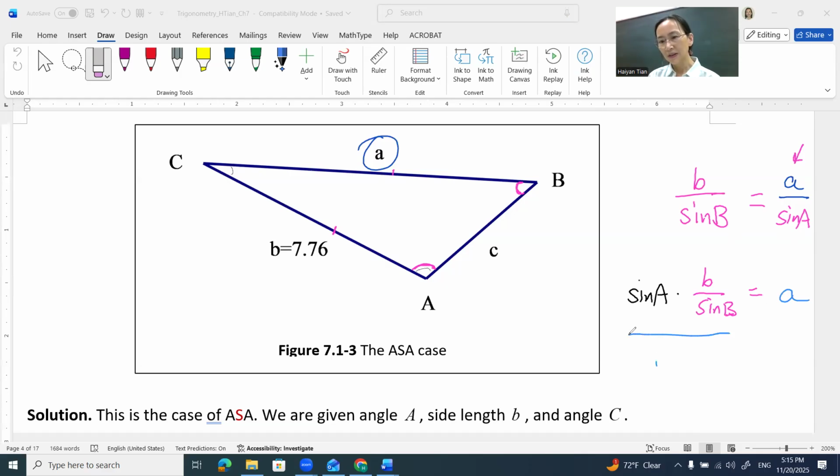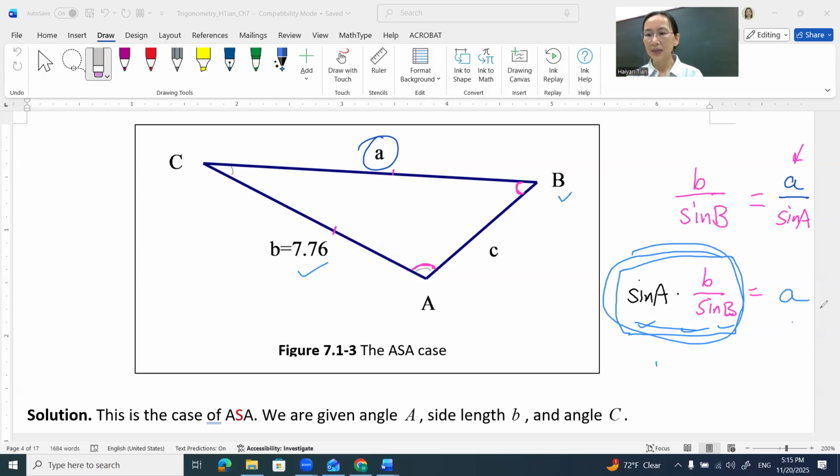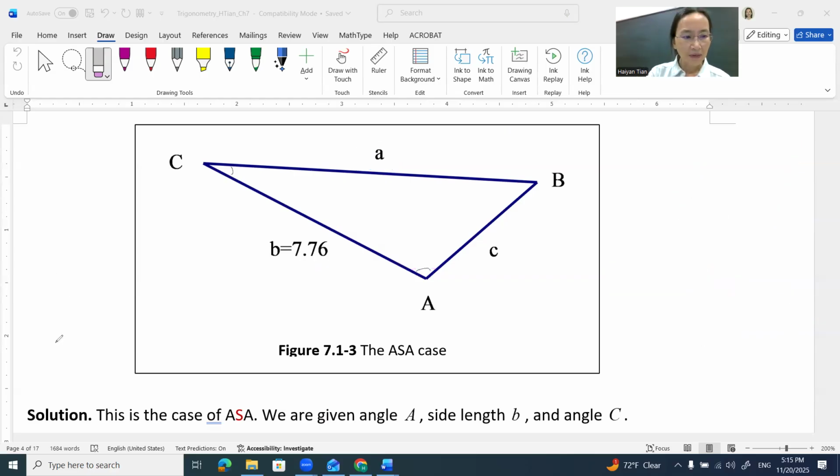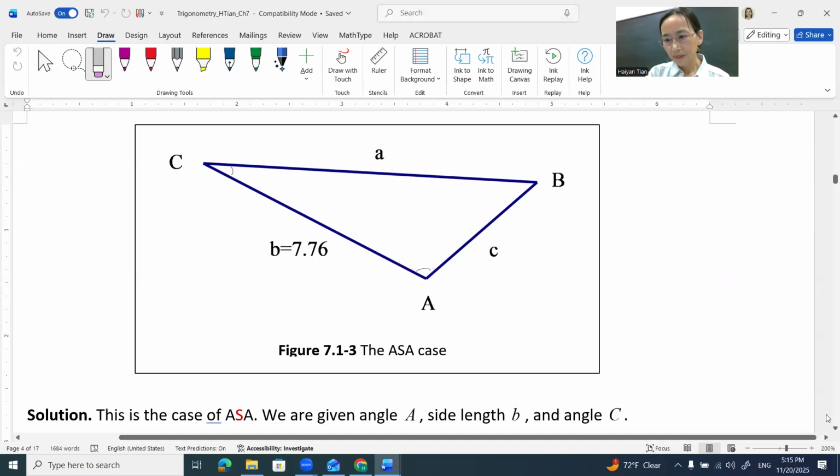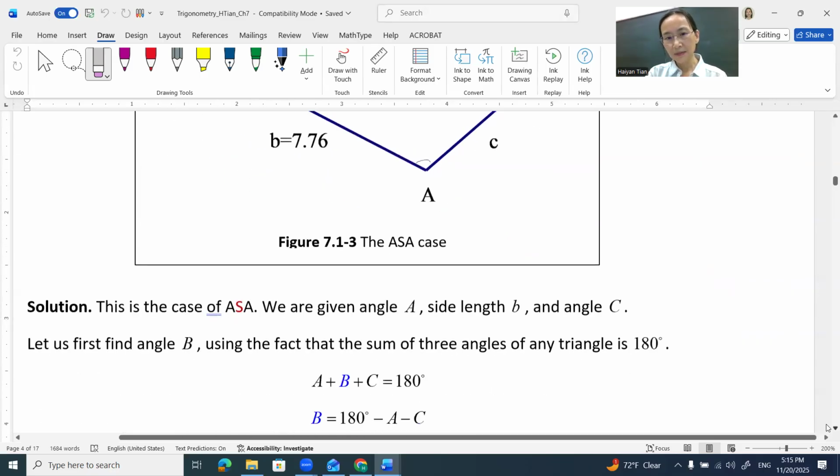Now a is found, right? Notice that we know the capital A, and lower b is given, and the capital B is given. So everything is now known, so we can determine the a. We just plug in numbers.